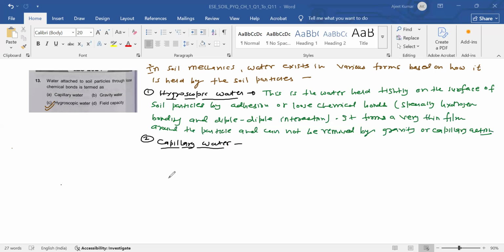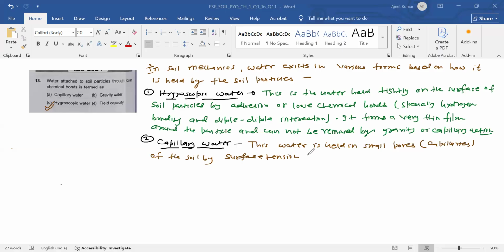This water is held in small pores, that is, the capillaries of the soil, by surface tension.